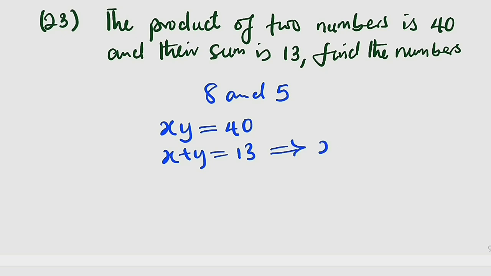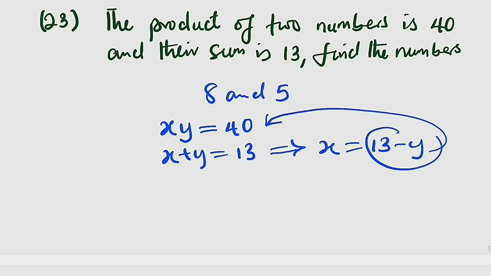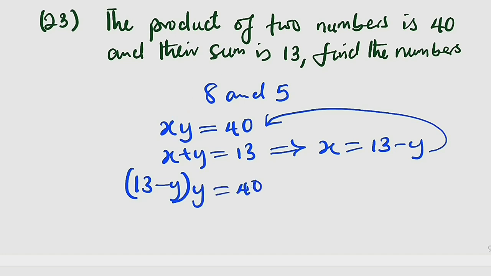This implies that x is equal to 13 minus y, by making x the subject. And you can simply plug this equation into this one. Wherever you have x, you replace it with 13 minus y. So for this x, we have 13 minus y, then multiply by the y, which is equal to 40, right?